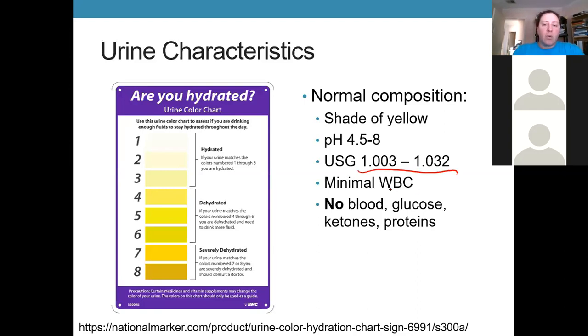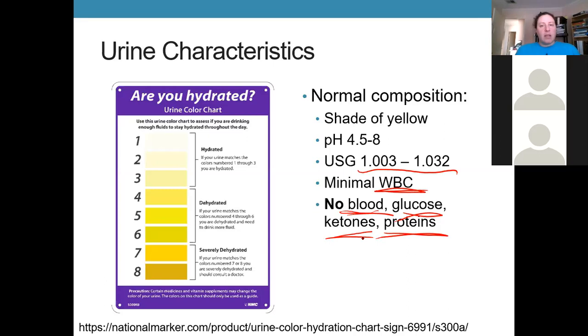There can be a few white blood cells in there, but there shouldn't be any red blood cells. So you shouldn't have any blood in your urine. That's not normal. You shouldn't have any sugar in your urine, nor ketones, nor proteins or amino acids. Those things are bad.